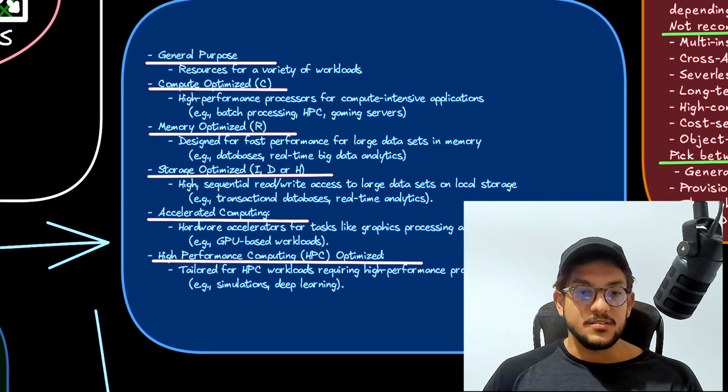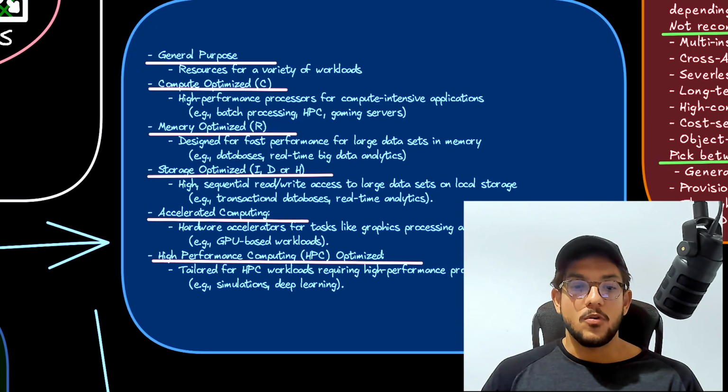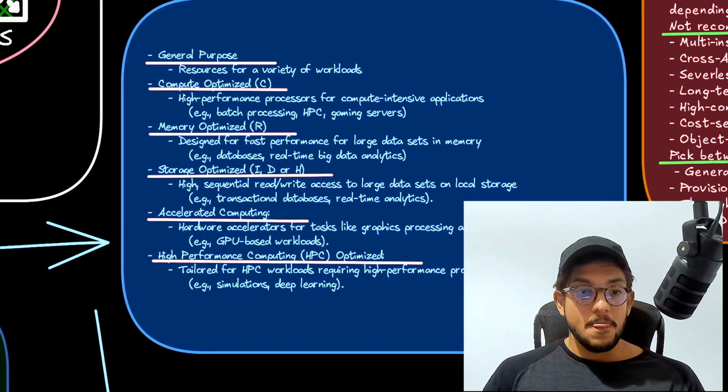Compute optimized, CPU beasts basically. When you need to cut a 4-hour batch job down to half an hour, this is your answer. Memory optimized, RAM beasts for in-memory databases. Storage optimized, input-output powerhouses for data warehousing and log processing, great disk throughput capacity.